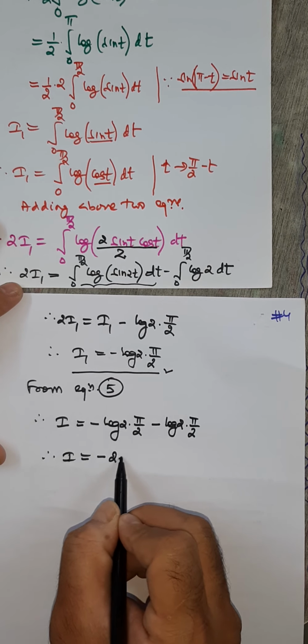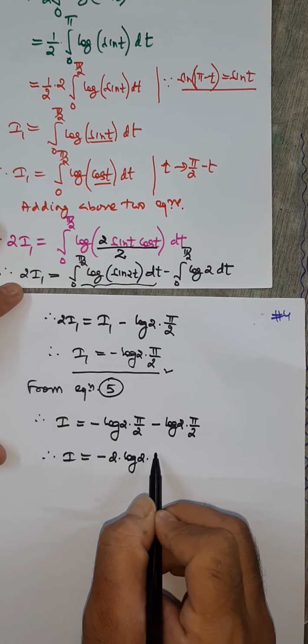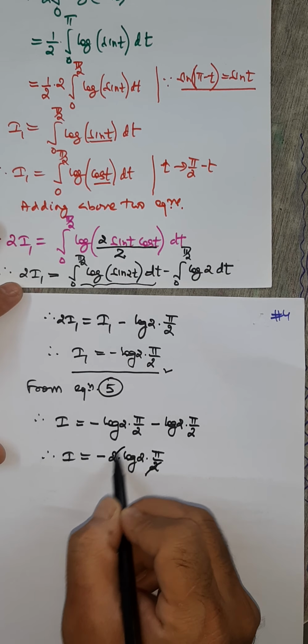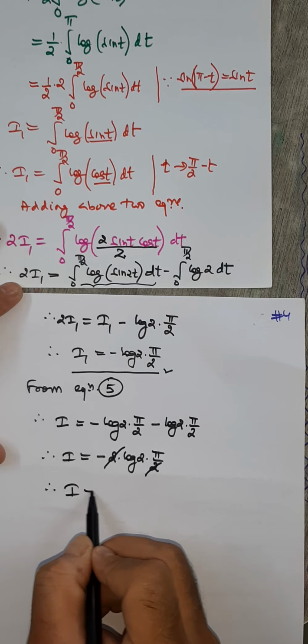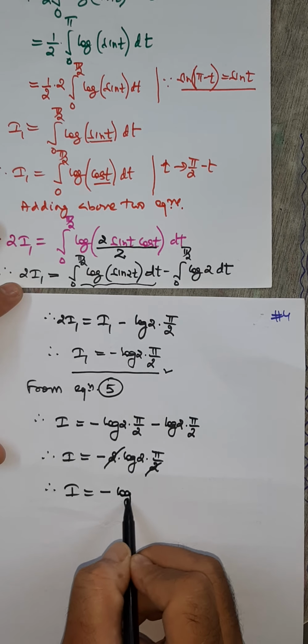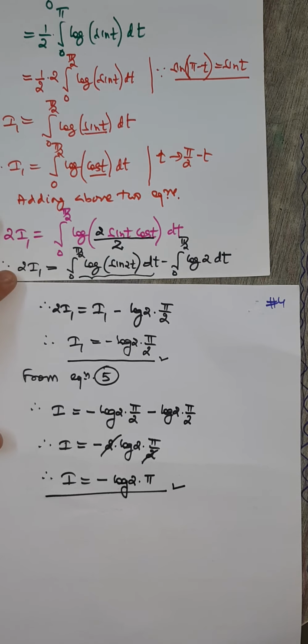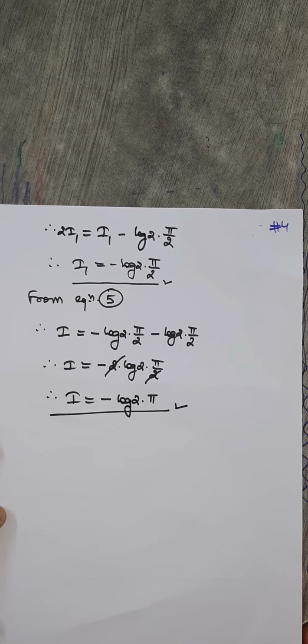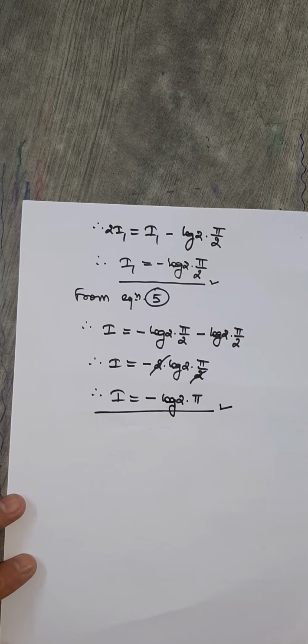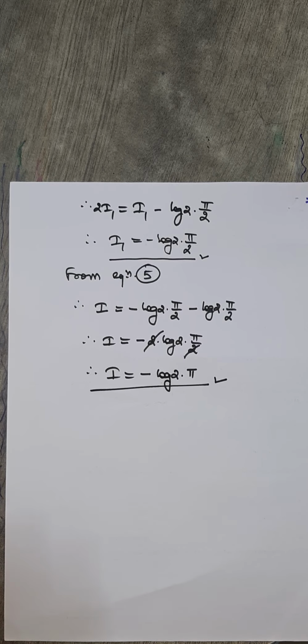So minus 2 into log 2 into pi by 2. So this 2 will go away. So finally we'll get I equals to minus log 2 into pi. Is the value of integral. It's a nice question, but almost repeated things you did here. So not that much difficult, but you need to do it carefully.